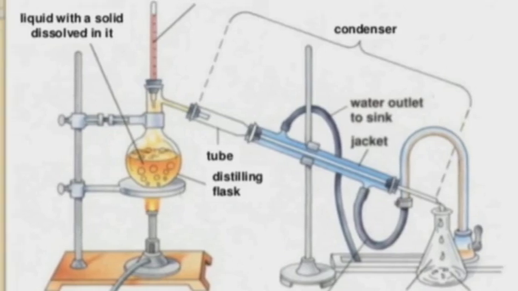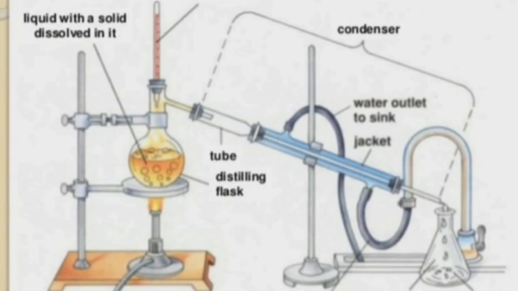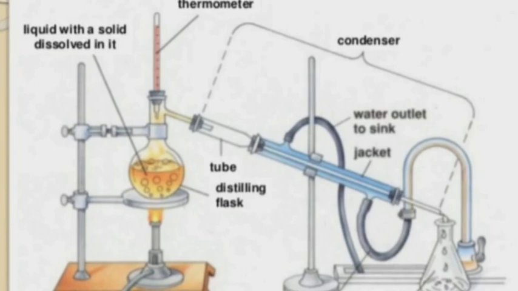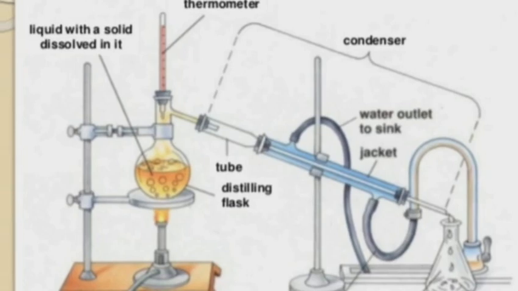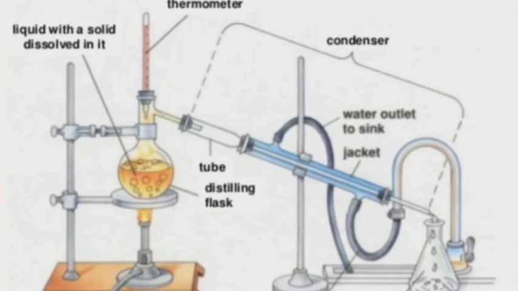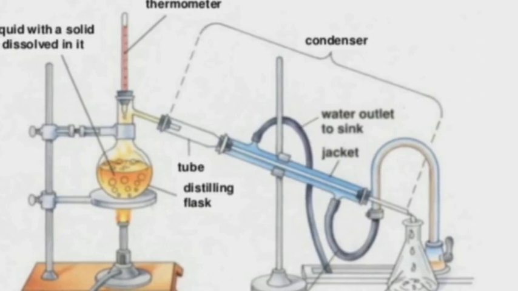See the procedure. You are going to take the salt water in the beaker. The beaker is kept on the tripod stand, and below the stand you can find the burner. As you heat the salt water, when the water reaches its boiling point, it will start converting into vapor. The vapors are collected in the condenser, and you can see there is one cold water tap.